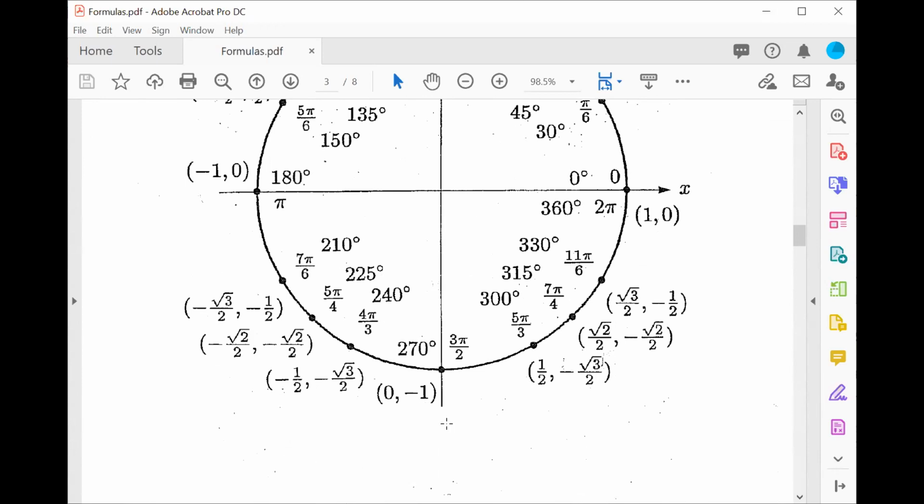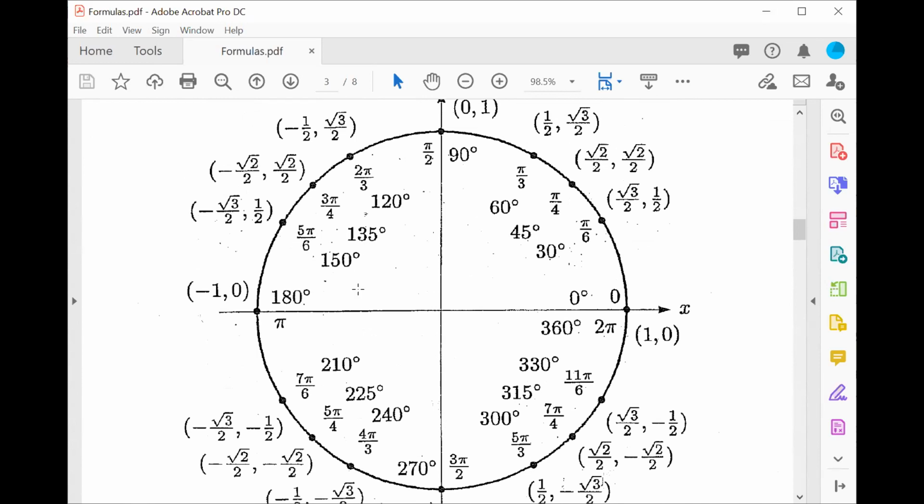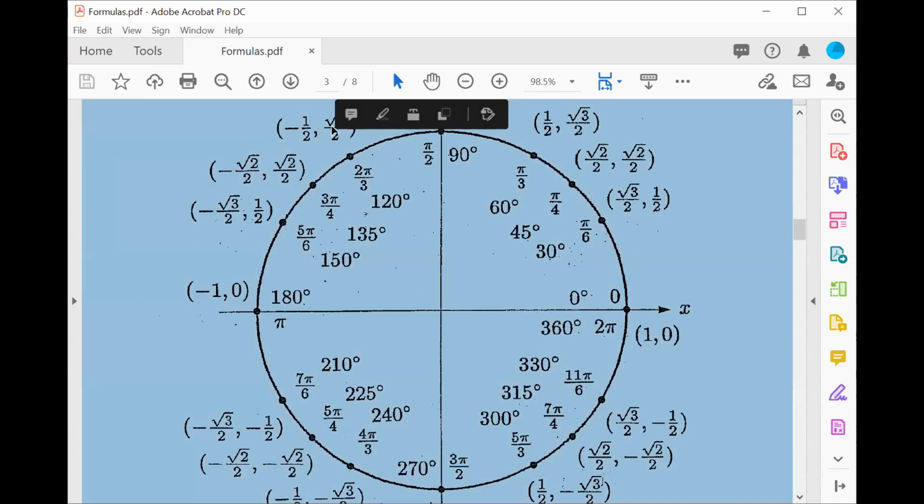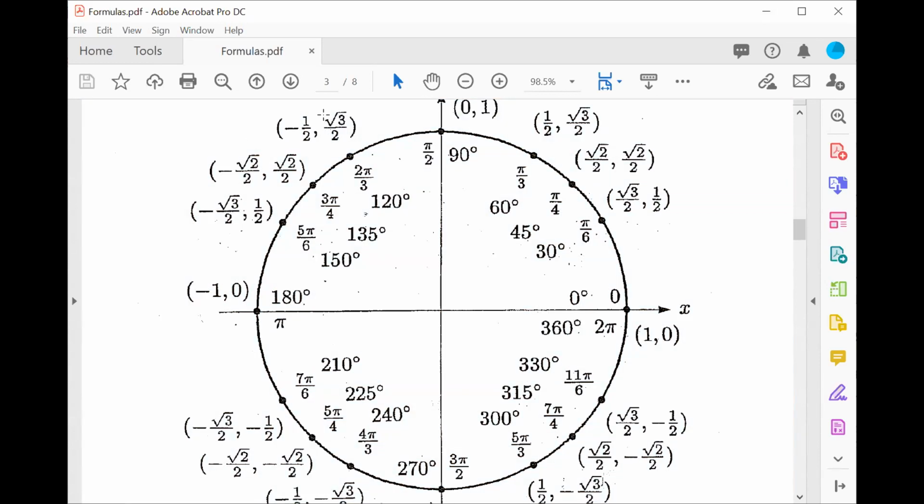And sine of 120, where's 120 at? I need the y. It's right there. It's square root of 3 over 2. Right. And I plug them in.